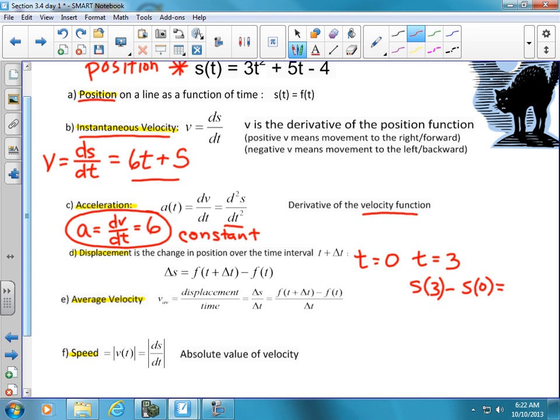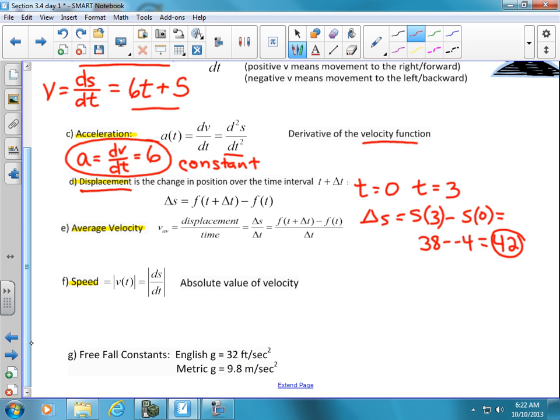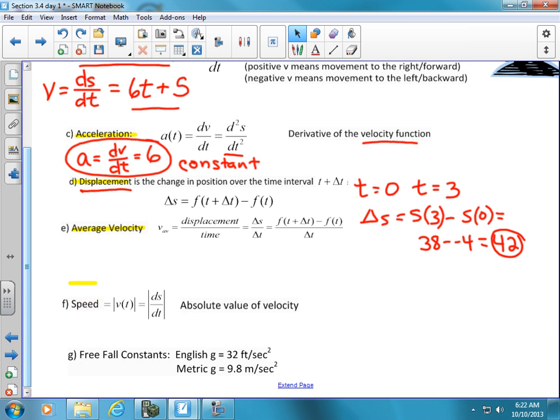We plug in those two numbers to get our answer, which is the change in s, which we call the displacement. I think it's 38 minus -4, so we get 42, and that would be in inches, feet, meters, whatever your unit is.